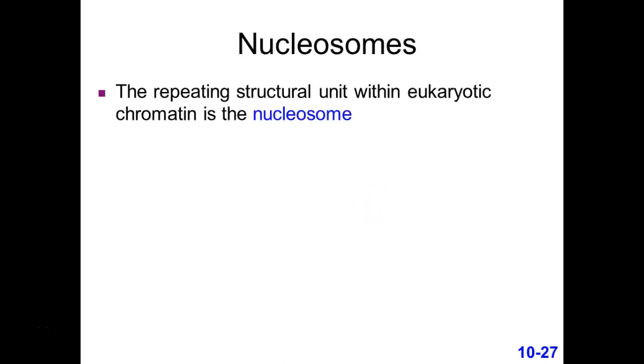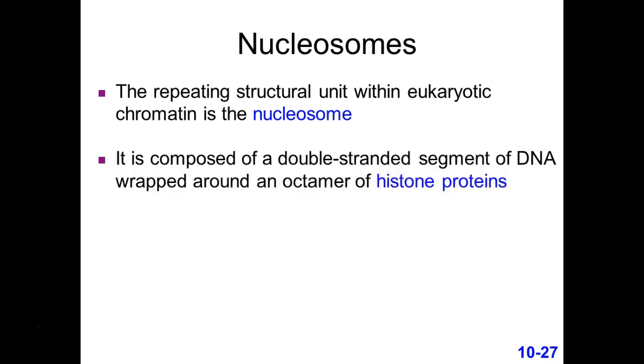So the first level that we look at is the nucleosomes. So this is where the double-stranded DNA, right, that double helix that we learned about last time, is wrapped around proteins. These proteins are referred to as histone proteins, and there are 8 of them that cluster together that the DNA wraps around.